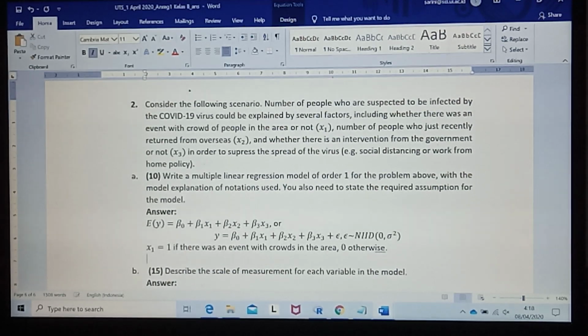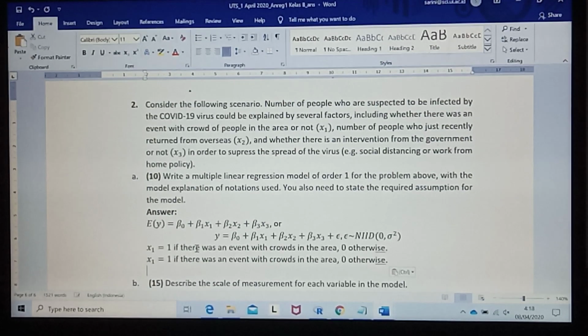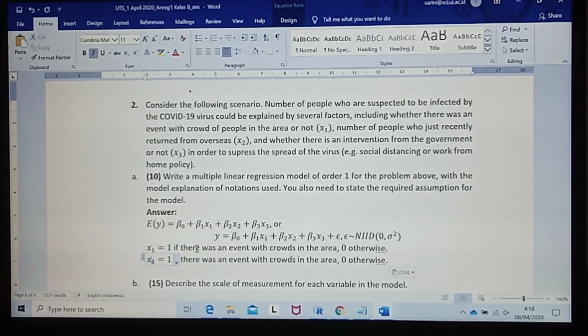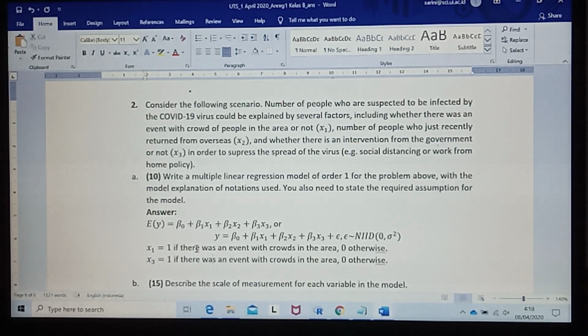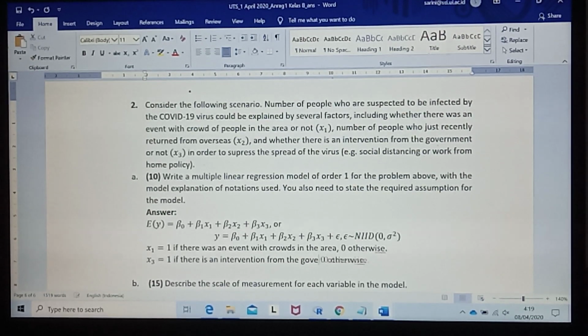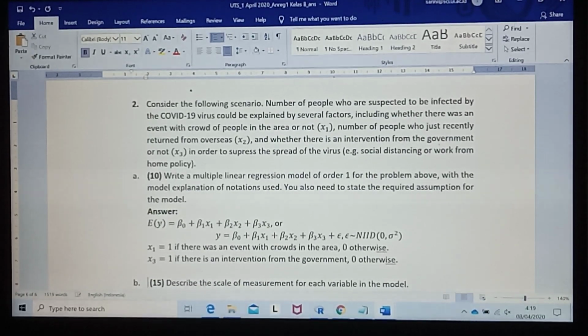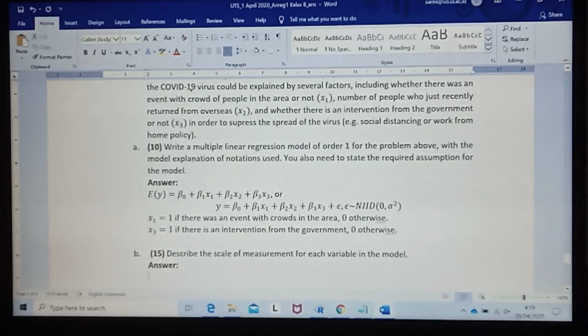And for X3, whether there is an intervention from the government: X3 equals 1 if there is an intervention from the government, and 0 otherwise. So that's how we write the model.